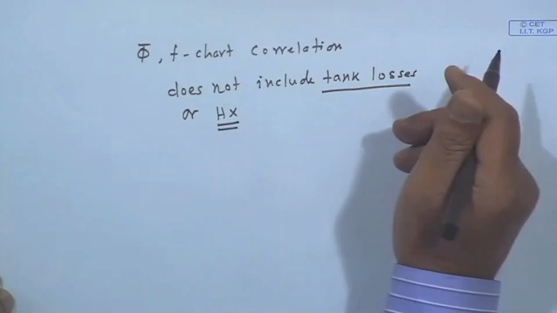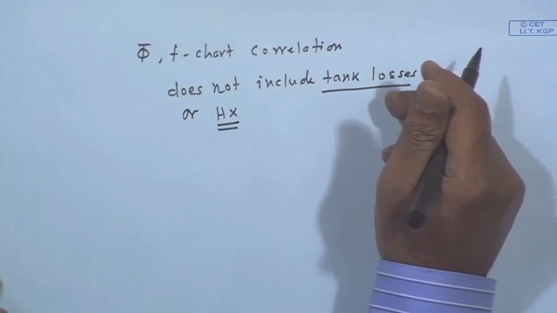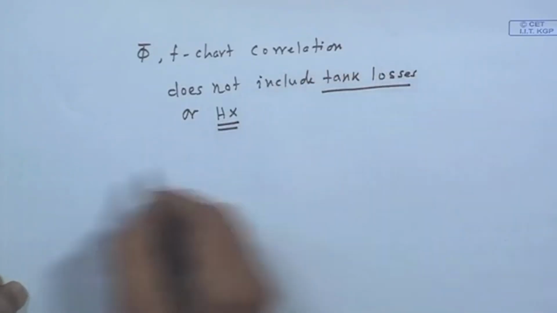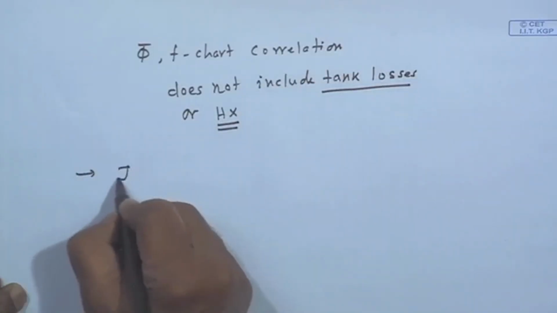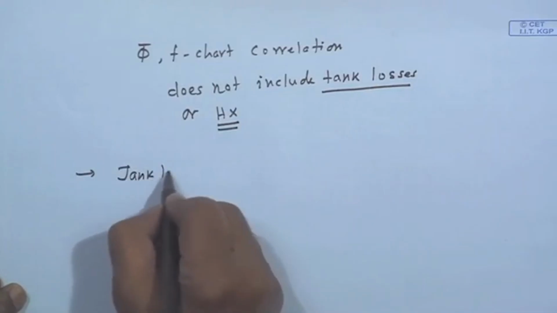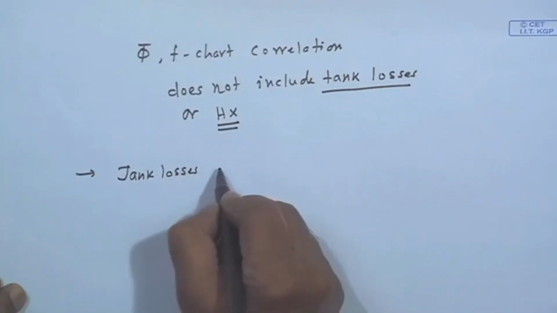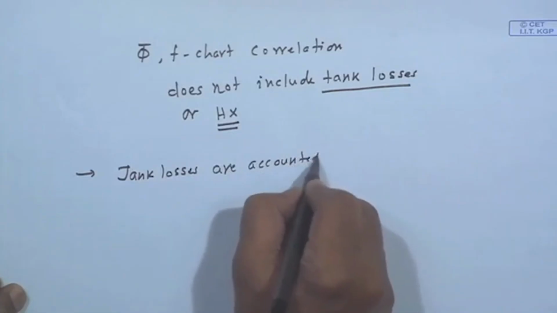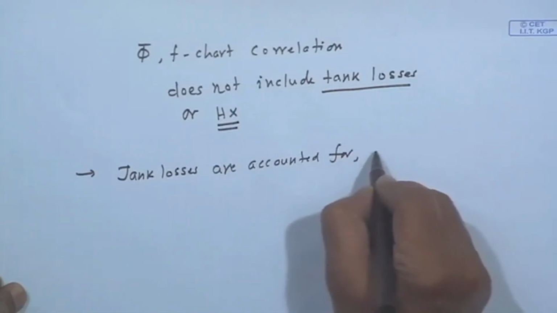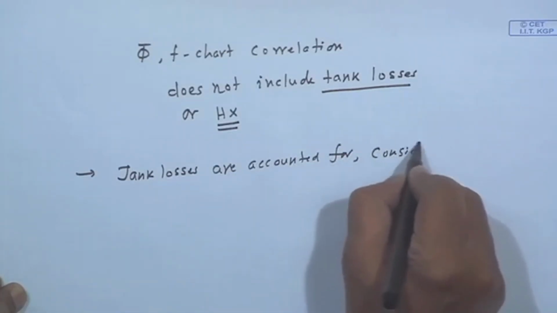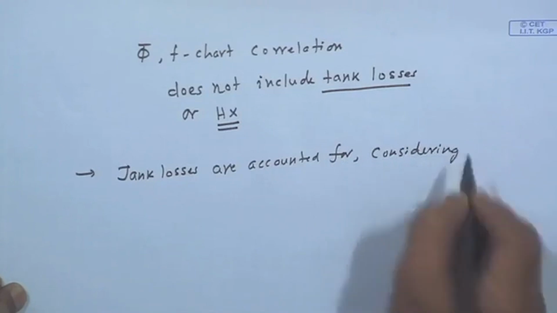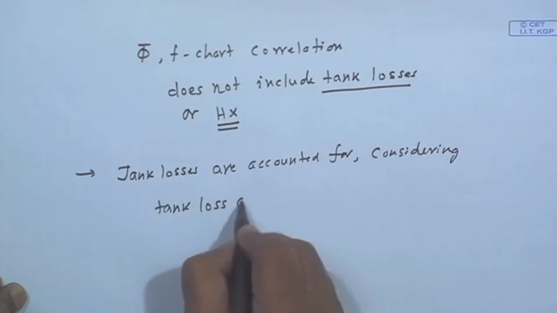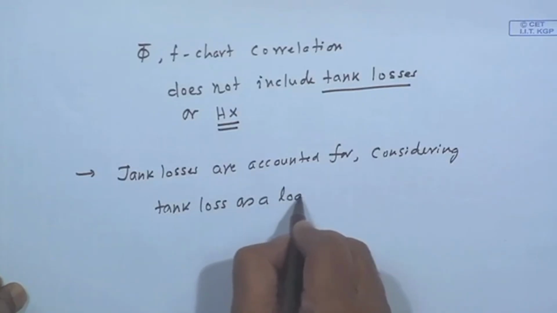So, we have devised iterative schemes to take into account the tank losses and the heat exchanger. The basic philosophy being that tank losses are accounted for by considering tank loss as a load.